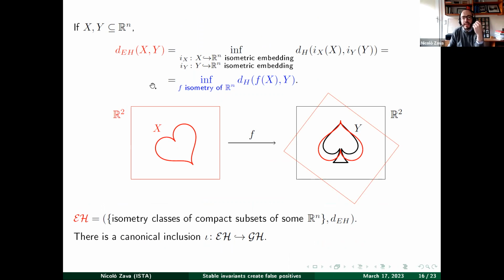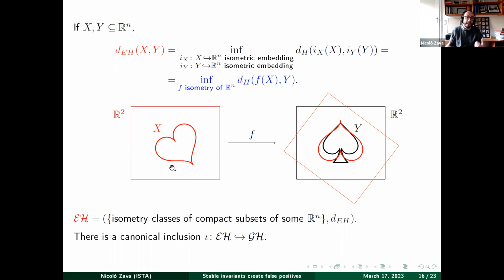The distance between X and Y is the infimum over all isometries f of R^n of the Hausdorff distance between f(X) and Y. As in these pictures, we can translate and rotate the plane to achieve a nice matching between the two pictures, and they give the same value.